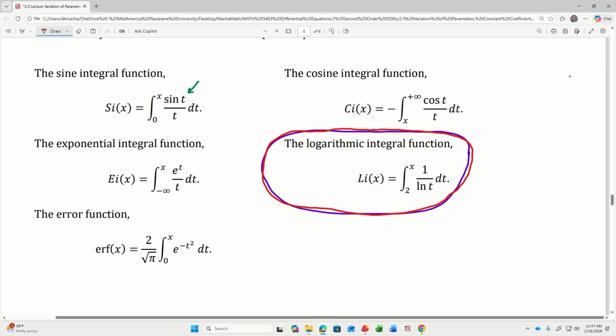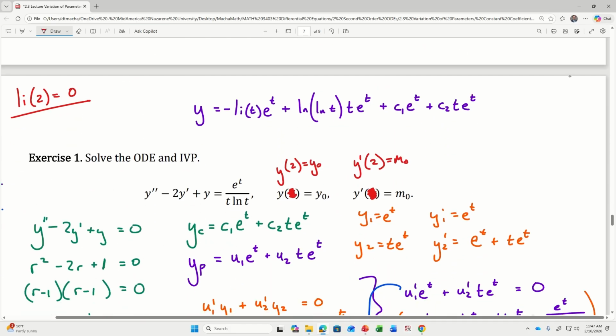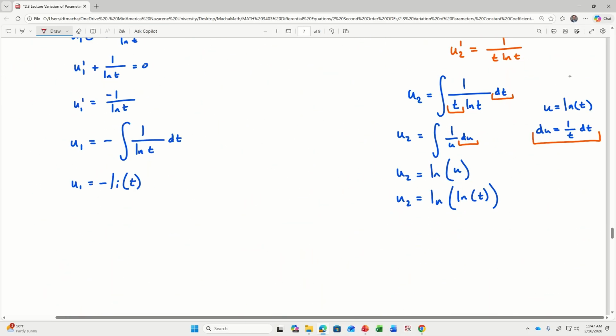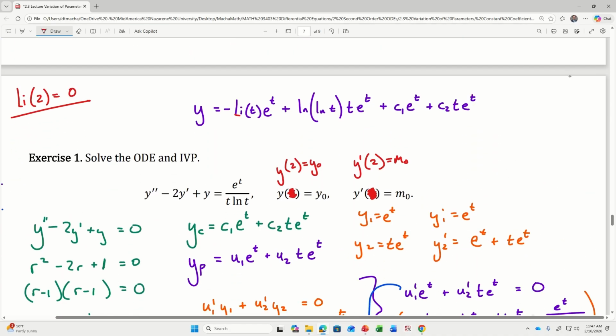And maybe I should be using a capital L. Maybe I should make this capital Li for logarithmic integral, since that's the standard way to write it. But anyways, let's say capital Li of 2 is 0.